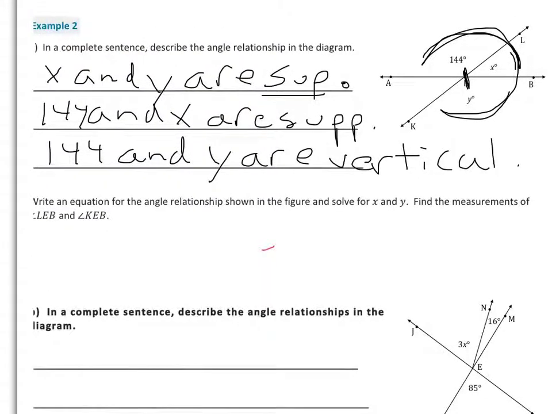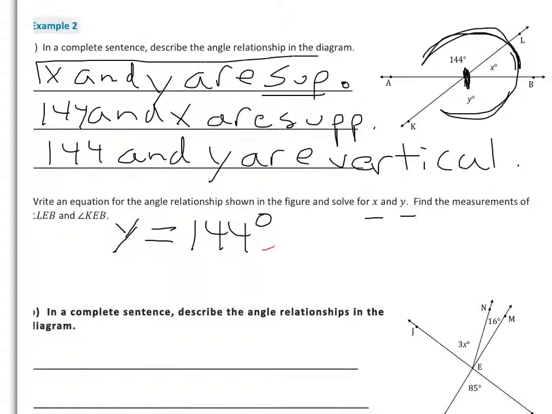So using those relationships, I can find the value of x and y. First, I'll find the value of y. Since y and 144 are vertical angles, well, I know that y is equal to 144. Oh, that's easy enough. The next thing I also know is what I set up here was x and y are supplementary. So that means they equal 180 degrees.